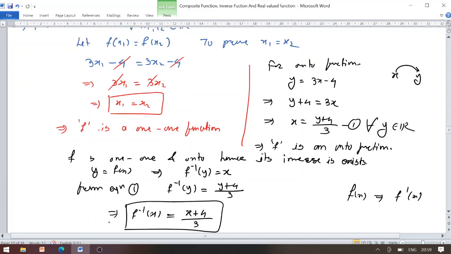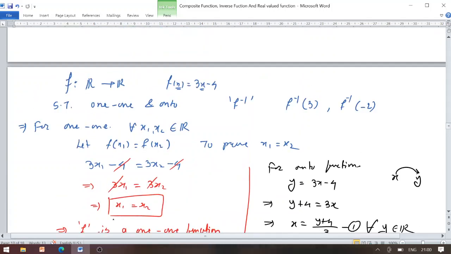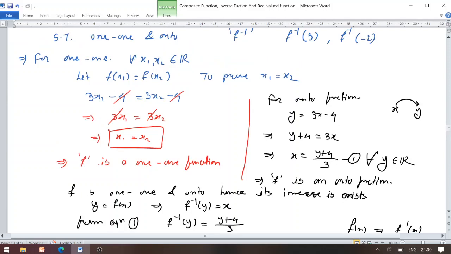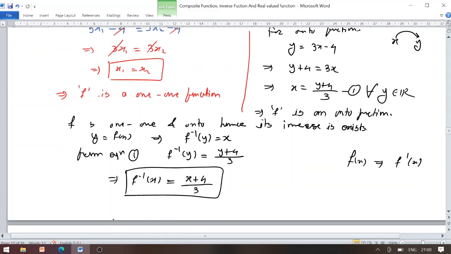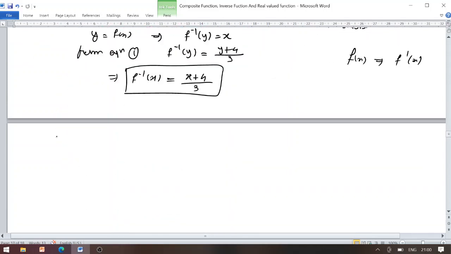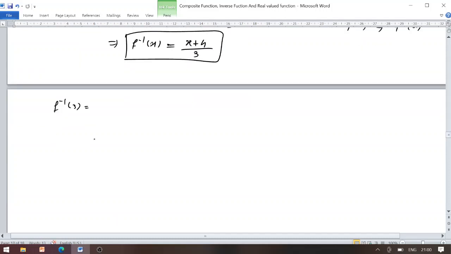Now that we have the inverse function, we have to find f inverse of 3. So how do we find it? Let's replace x in f inverse of x by 3. We have 3 plus 4 divided by 3, which becomes 7 by 3. So the value of f inverse of 3 is 7 by 3.